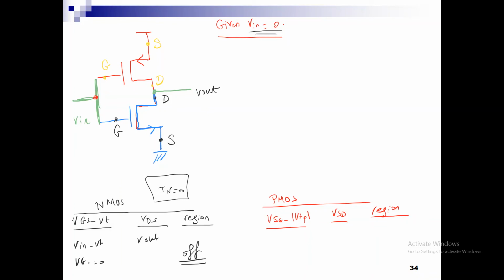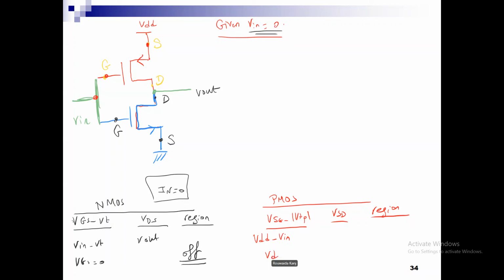Now, let us look at the PMOS side. What is VSG? This is VDD. VSG is equal to VDD minus Vn, and since Vn is equal to 0, it is VDD minus 0. So VSG is greater than the magnitude of VTP.